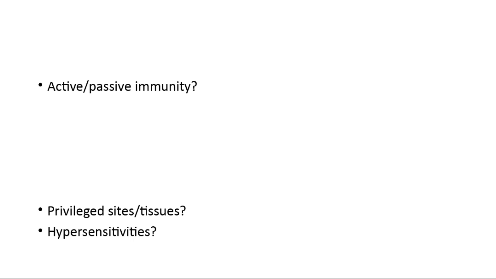It can be natural passive immunity, as in the case of mom's antibodies crossing the placenta, or in the colostrum, the first milk produced by mom. It's considered artificial passive immunity if you're receiving antibodies made in another animal.